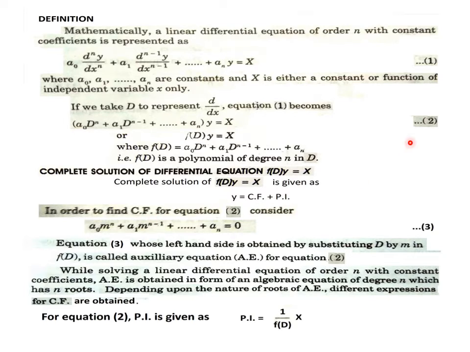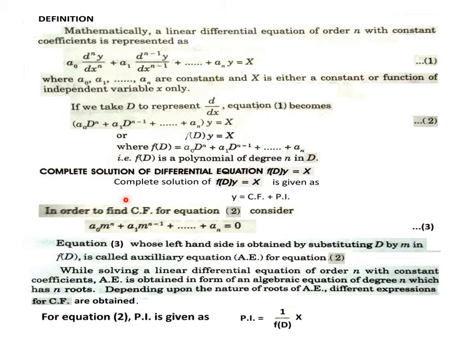that equation 2, the theoretical representative of this chapter, we have to consider this particular equation 3, how it is created. Its left hand side is obtained by substituting capital D by m in f(D).